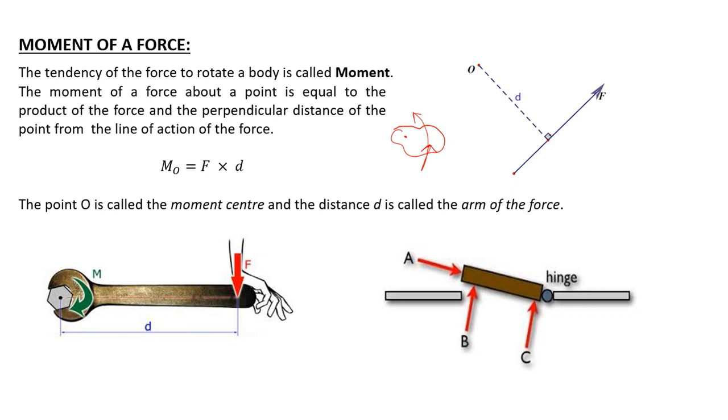The moment of a force about a point is equal to the product of the force and the perpendicular distance of the point from the line of action of the force.